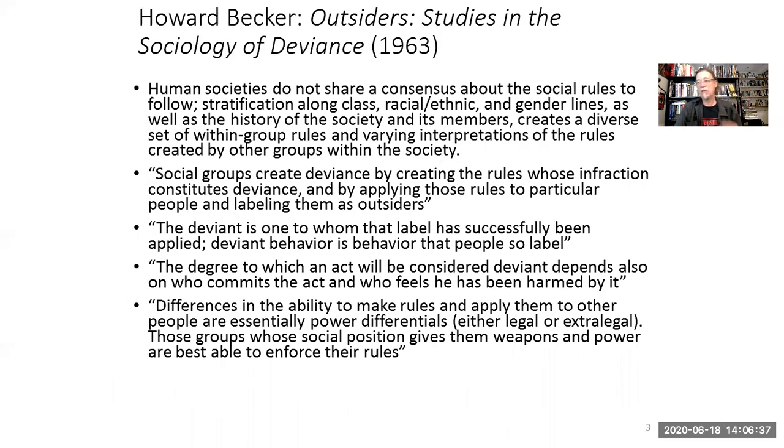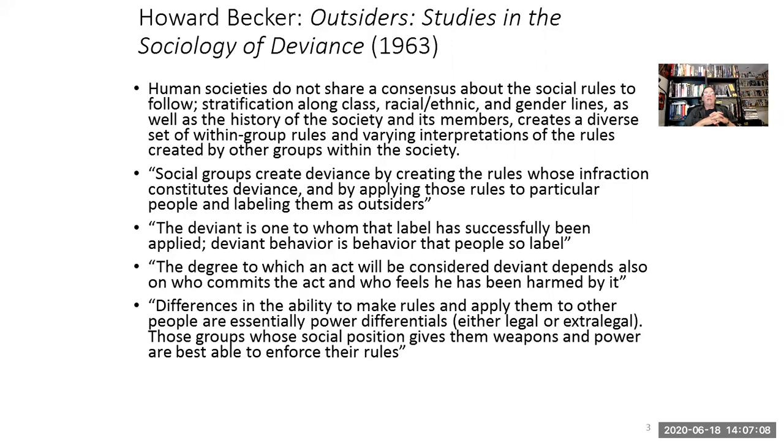Howard Becker was one of the early theorists of deviance, or one of the most important, who wrote a book called Outsiders, Studies in the Sociology of Deviance. So he maintained that it's a matter of power, that deviance is created by powerful social groups who create rules and apply them to people, and the people who have violated these rules are outsiders, in a sense, or deviants.